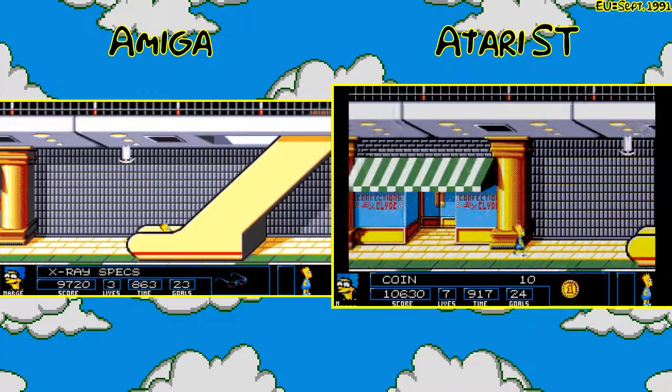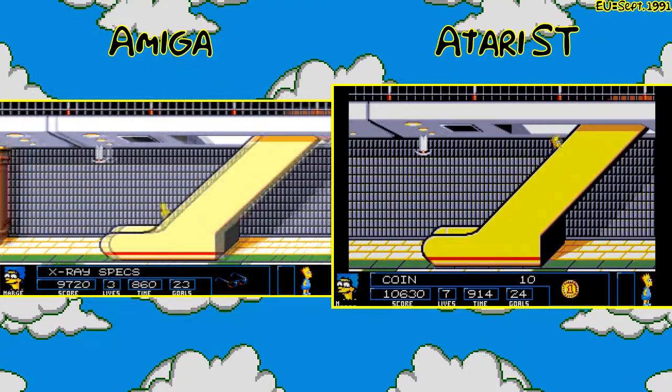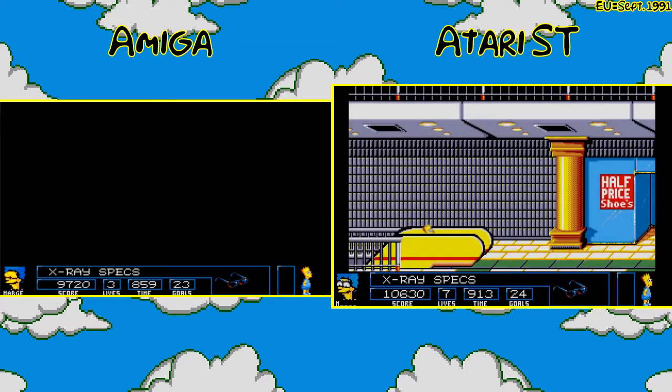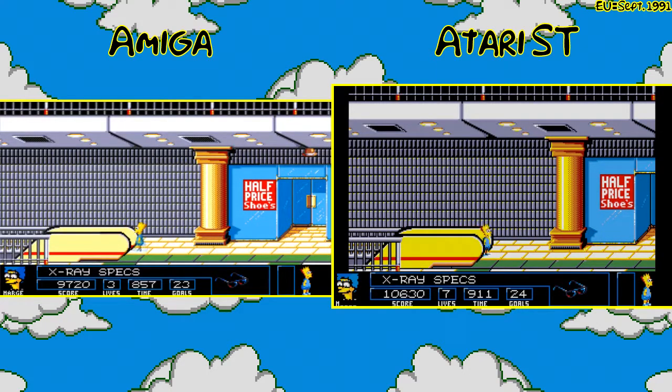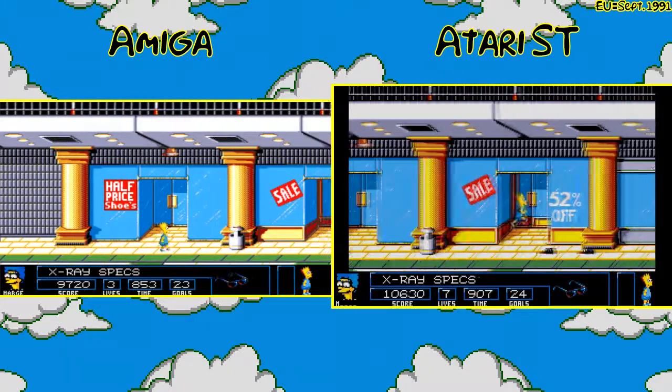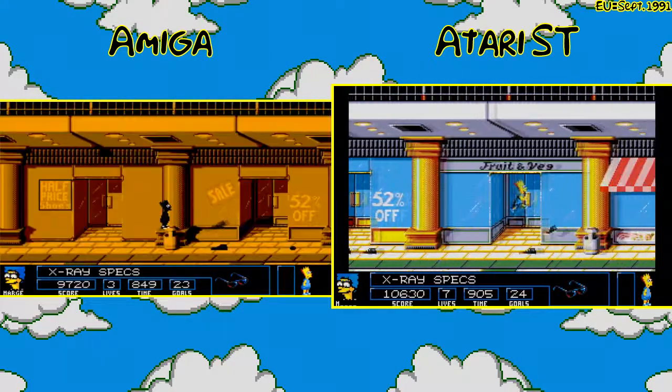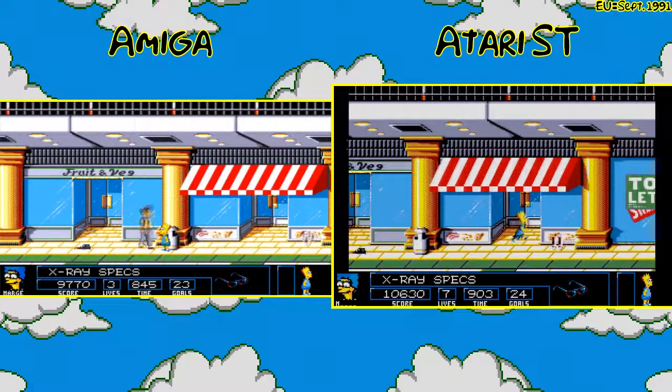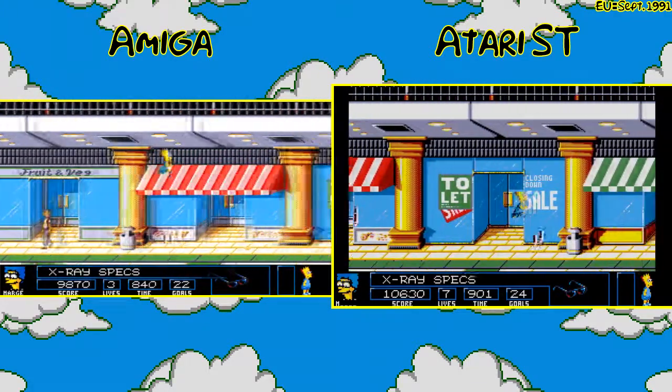The other thing is, I was talking about the windows. You can tell the Amiga one is a lot longer versus the Atari that's a lot flatter, so you can obviously see a lot more in the Amiga versus the Atari. Not really sure why that's a thing, other than I'm assuming the monitor size was different.